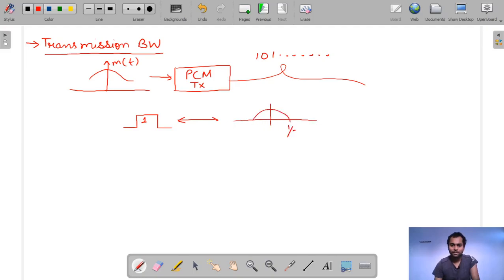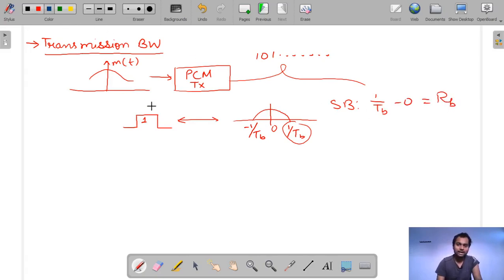This is 1 by TB and this is minus 1 by TB. Okay, so our signal bandwidth is equal to 1 by TB minus 0, because signal bandwidth is defined by the frequency deviation on the positive axis. So that is 1 by TB minus 0, which is equal to RB, because 1 by TB is our RB.